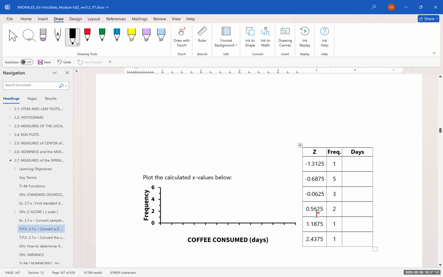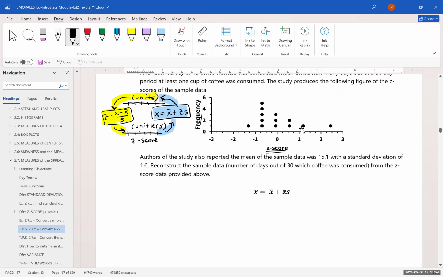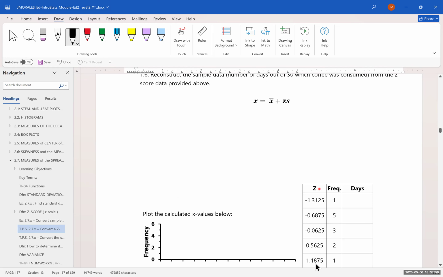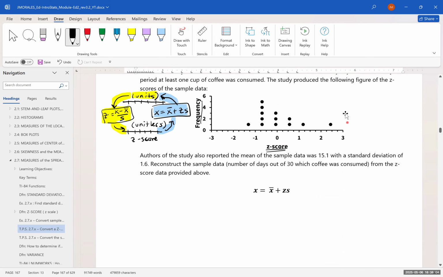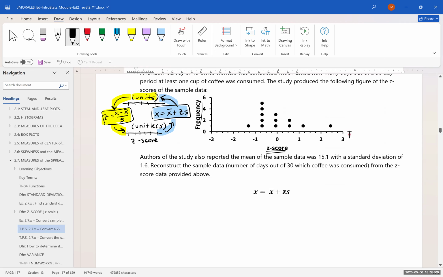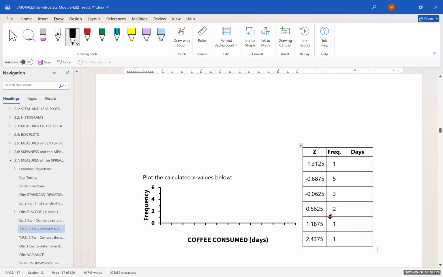There's 2 of those, that would be this one. Then there's one that's above 1, so here's that one, 1.2. And then another one at around 2.4, right there. All right, so this dot plot, the actual data values are represented here in this table.